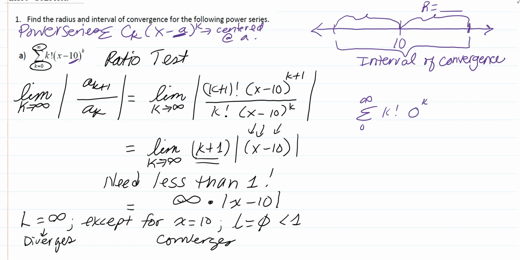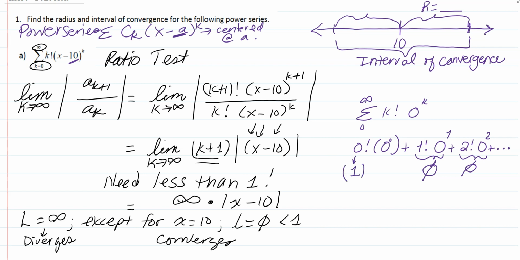So when k is 0, you have 0 factorial multiplied by 0 to the 0 power, plus when k is 1, you have 1 factorial multiplied by 0 to the first power, plus 2 factorial multiplied by 0 to the second power, and so on. If we look at this, 0 to the second power is 0, times whatever is 0. This right here is going to be 0. And then what is this right here? By definition, 0 factorial is 1.